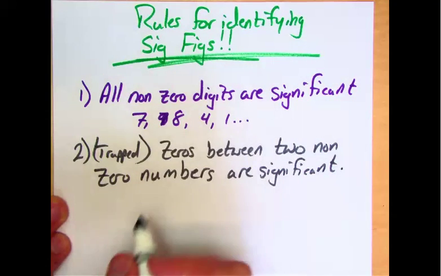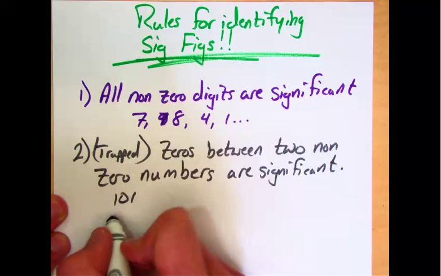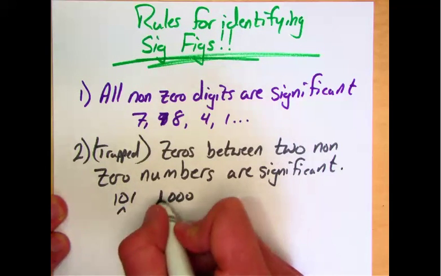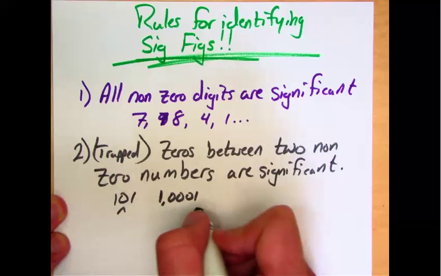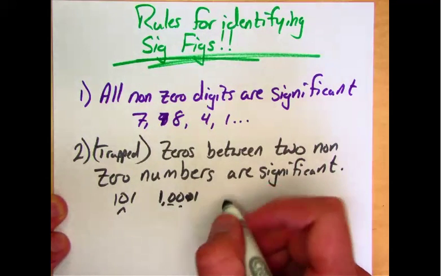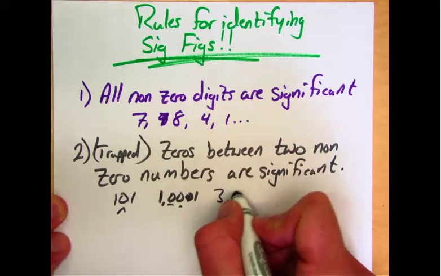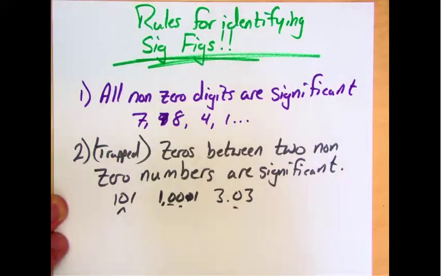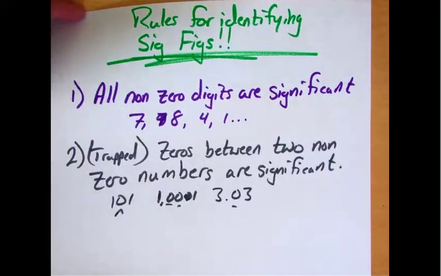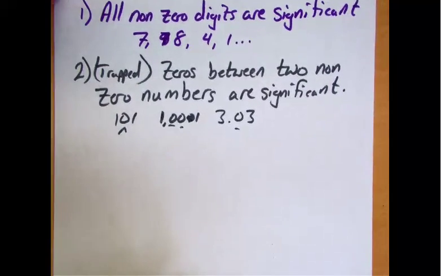So our examples for this were like 101. This zero is trapped. 1001. Both of those zeros are trapped, so they are significant. 3.03. That 0, even though there's a decimal place, is still trapped because it's between 2 non-zero digits.